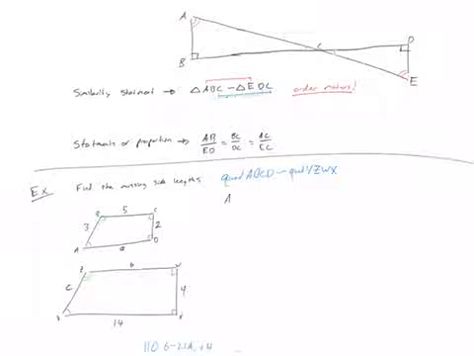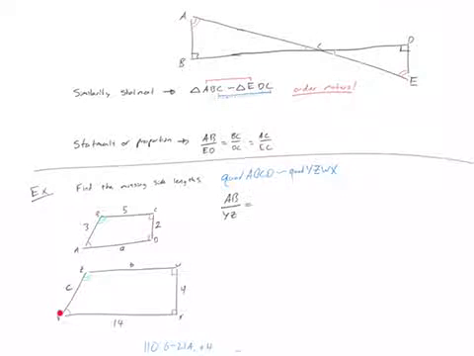AB over YZ is going to equal, so notice we just did what we call corresponding sides. This side and this side are in the same position on our 2 different shapes.